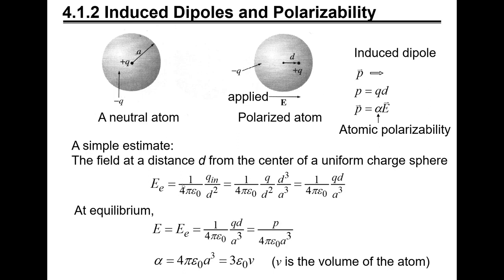So the atom will be ionized and it becomes a conductor. So that is if the electric field is very large. But if the electric field is not huge enough, an equilibrium is established. So this equilibrium is a consequence of, number one, the attraction of the electrons in the electron cloud and the protons in the nucleus.